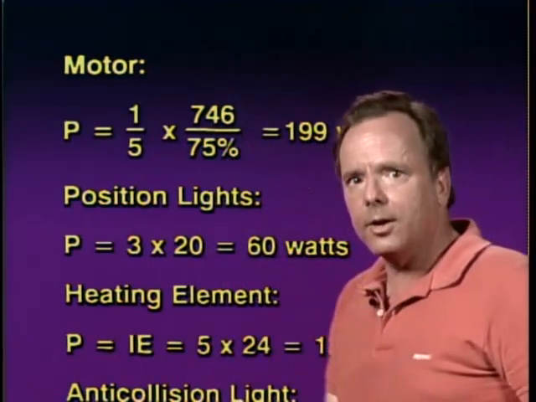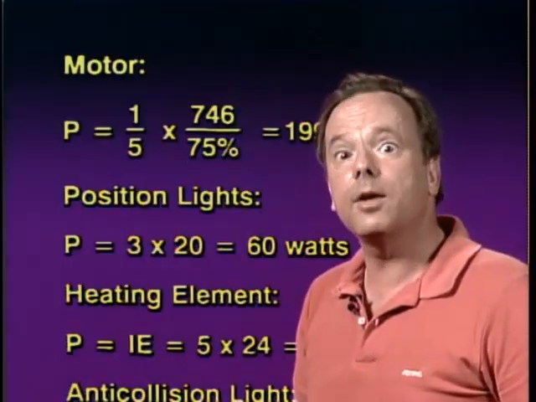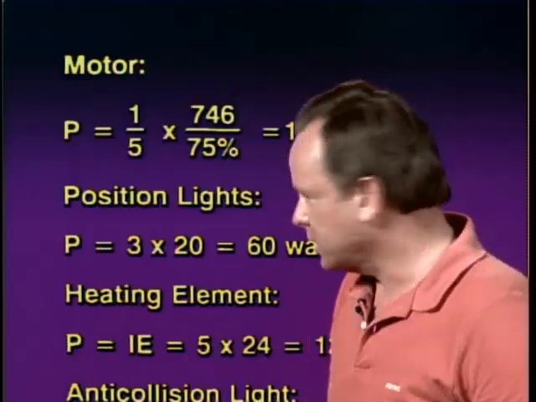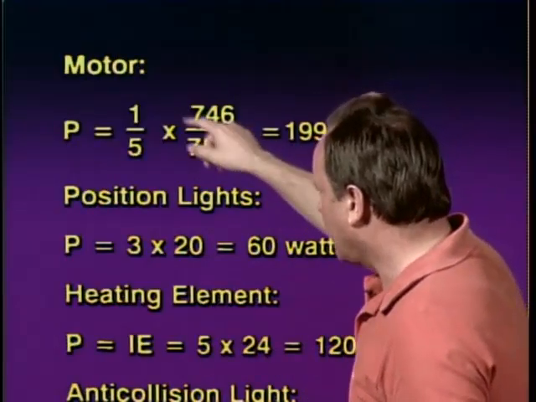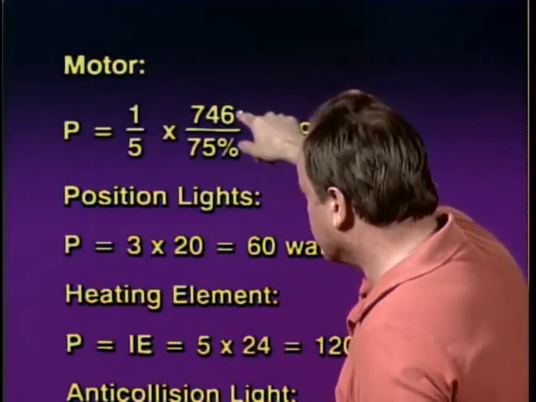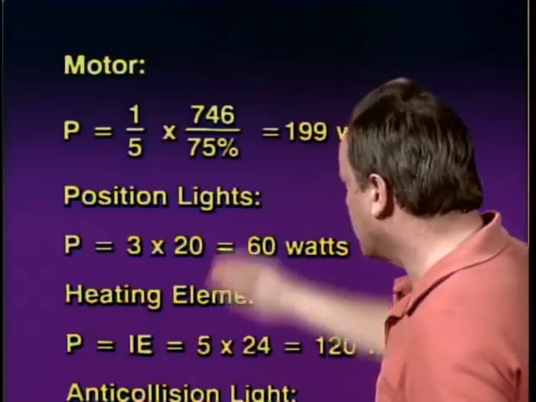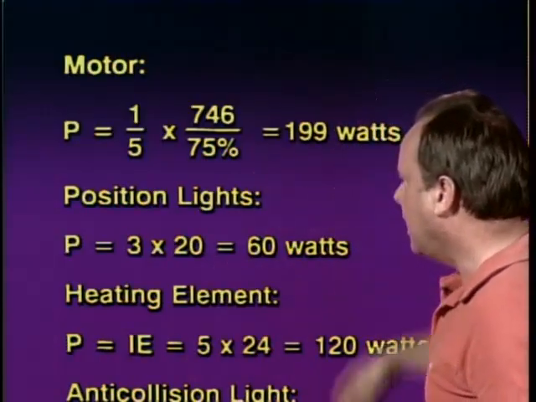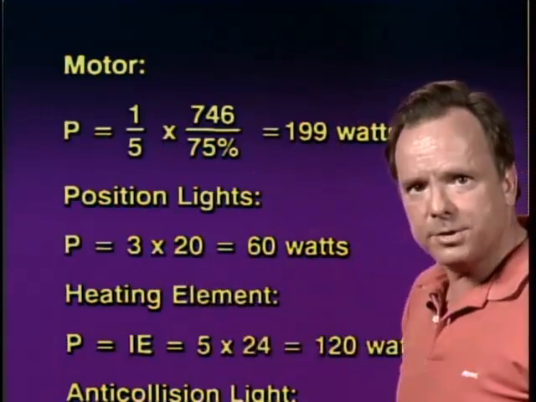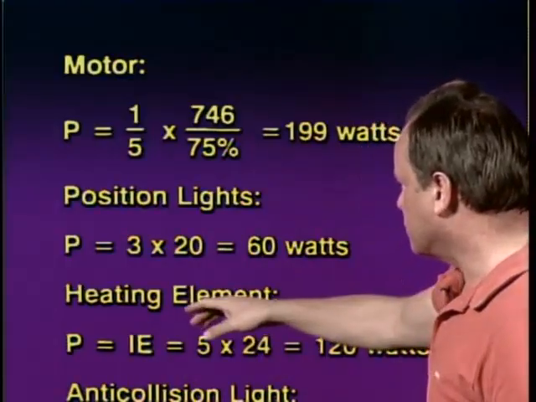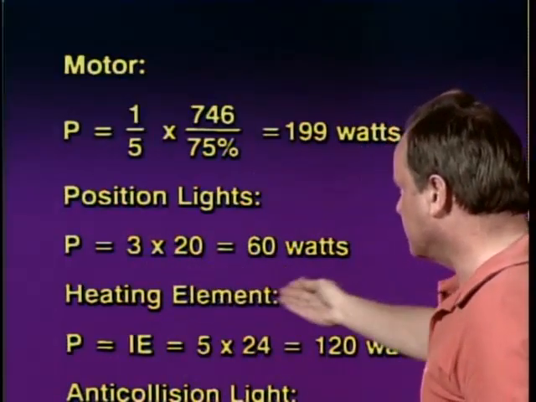And we weren't actually looking for 1 horsepower in this case. We were looking for 1/5 horsepower. So what we'll do is we'll take 1/5 times 746 divided by 0.75, and you find out this motor requires 199 watts. Now, they told us also they had 3 position lights, and each one of those was 20 watts, so 3 times 20 is 60 watts.